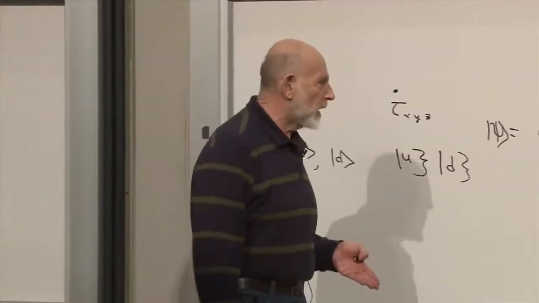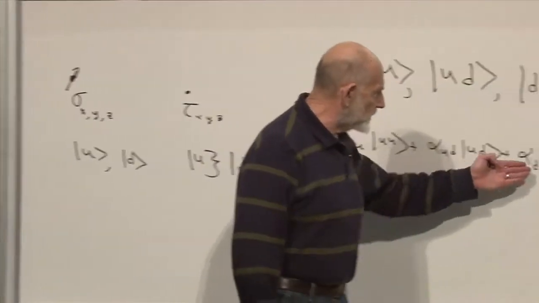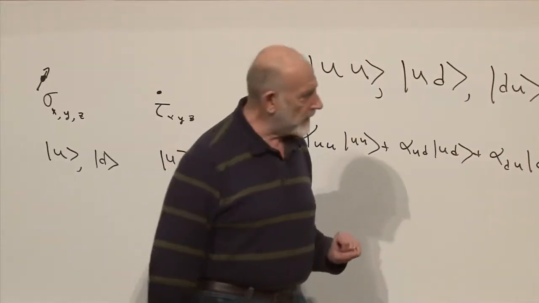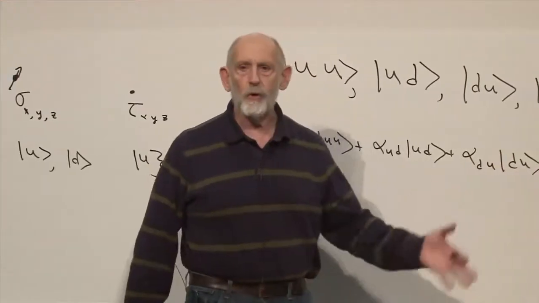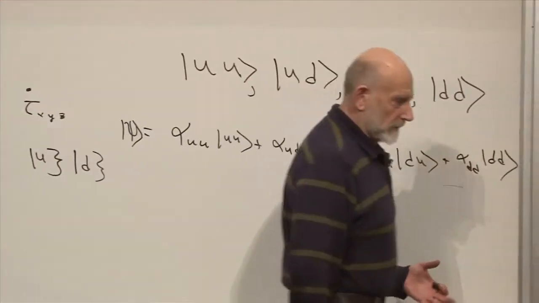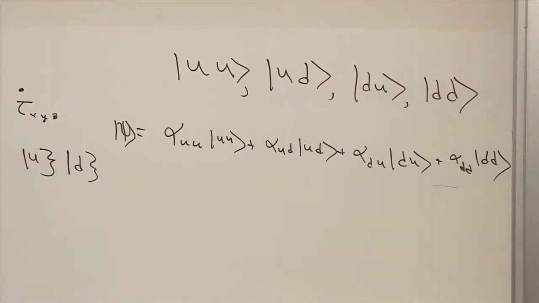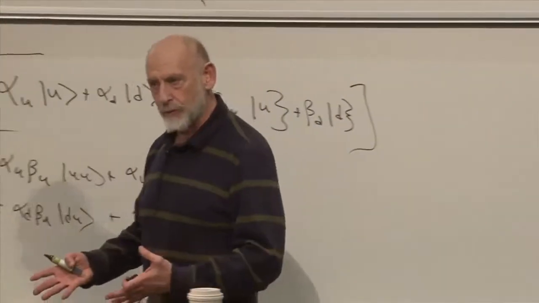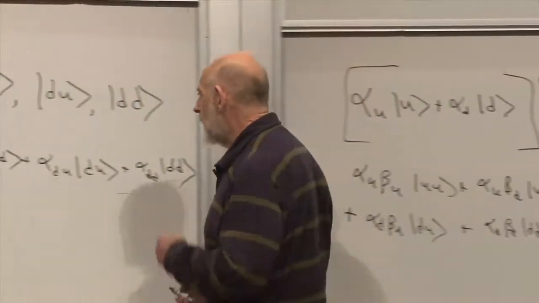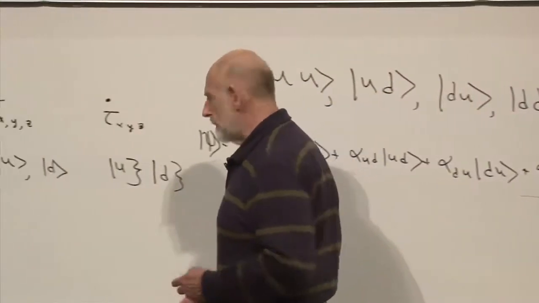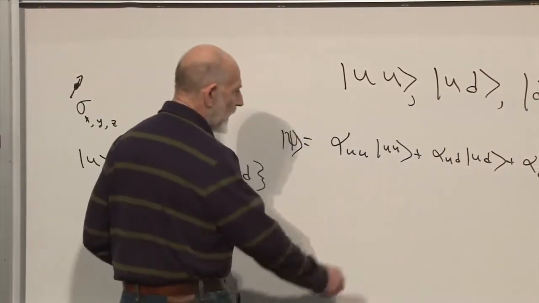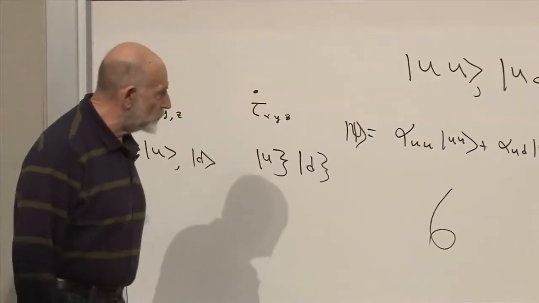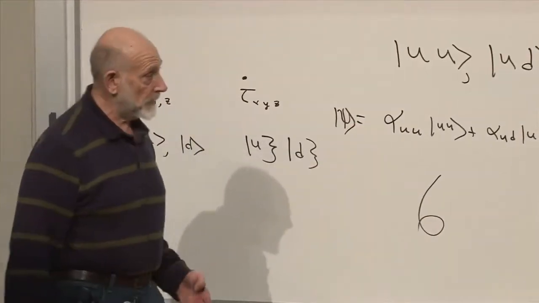But that's a little too much, because we should assume that the state is normalized. So that's one constraint. And we also know the overall phase is not important. So when you count parameters, you always subtract 2, one for the normalization and one for the phase. 8 minus 2 is 6. 6 real parameters describing a general state of 2 spins.